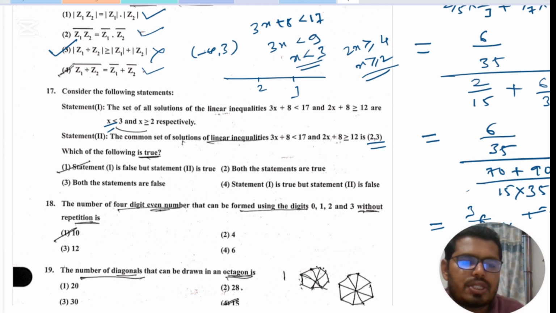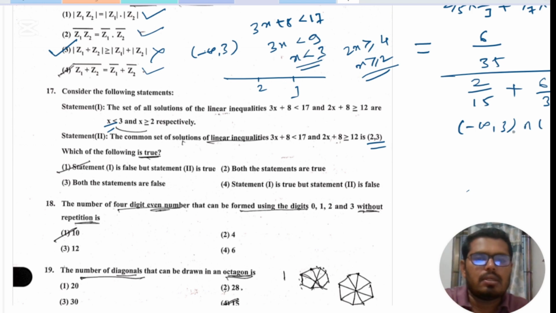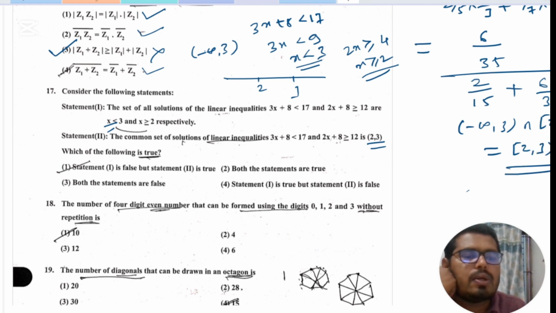Then if you take the intersection of both these solutions, minus infinity to 3 intersection x greater than or equal to 2, that is closed interval 2 to infinity. Therefore their intersection is closed 2 to open 3. Okay, therefore the common solution is not the open interval 2 comma 3.